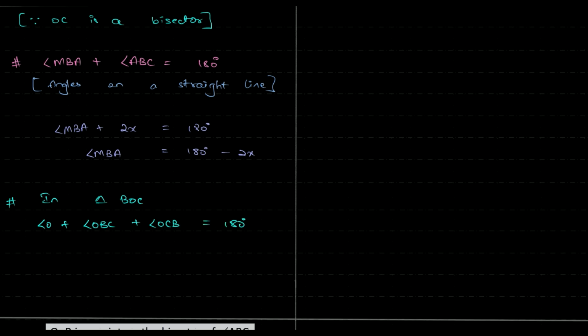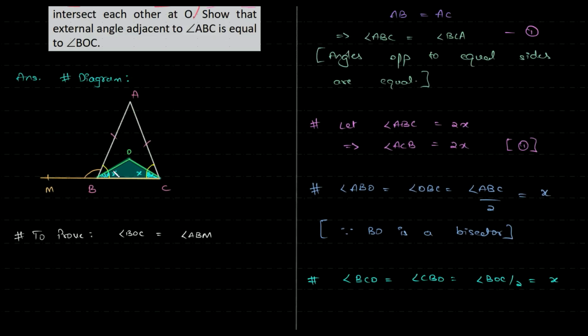Why? Simple. Yes, the angle sum property of a triangle. We have those to be x, is it not? So this will be 2x is equal to 180 degrees. So angle O is equal to 180 degrees minus 2x. Agree?